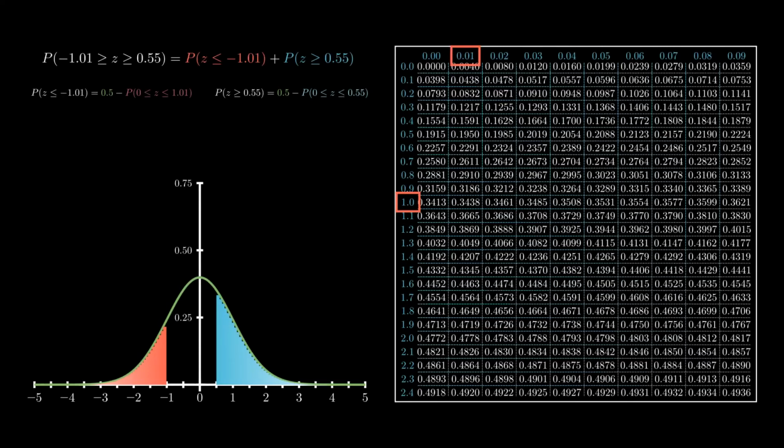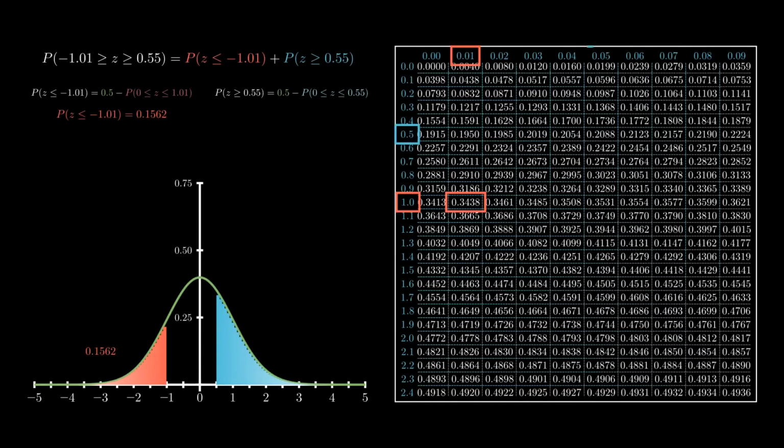So starting with the red area, we have 1.0 and 0.01, intersecting them arrives at 0.2438, and subtracting from 0.5, we will get the final answer of 0.1562.